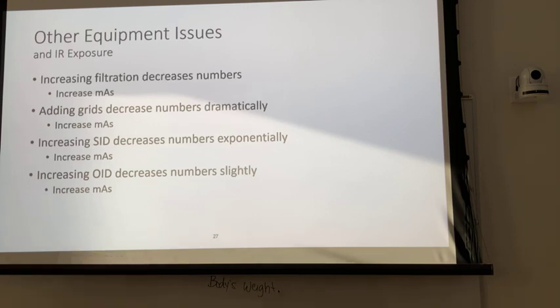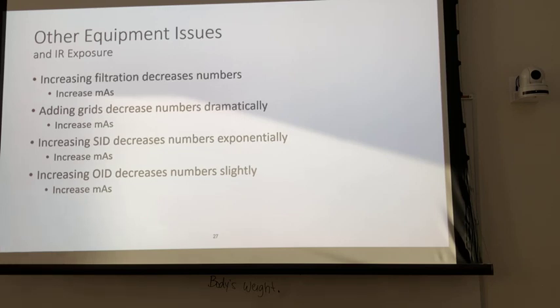for that. If we use a grid, what's a grid supposed to do? We use a grid post-patient to absorb scatter radiation created inside of the patient, right? So what we'll talk about whenever we get to grids is that different grid construction requires different levels of change in technique in order to compensate for those.